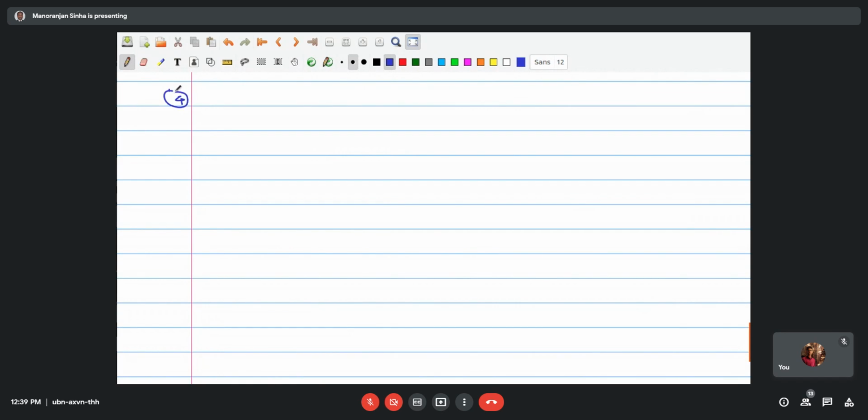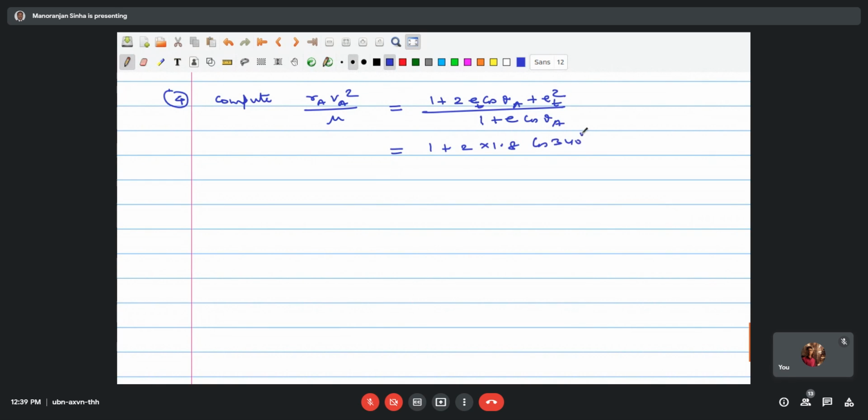The fourth step is to compute RA square divided by mu to find out the value of A, because the E we have just calculated is nothing but ET of the transfer orbit for 340 degrees, plus 9.2 square. This turns out to be 2.70.